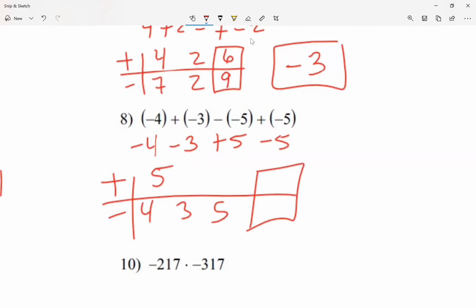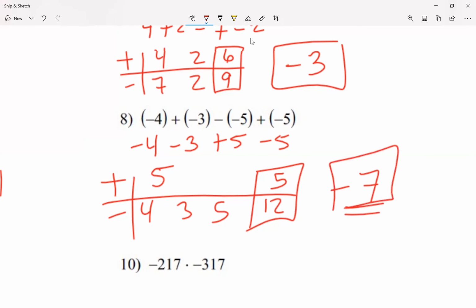Okay, so positives, there's only 5. Negatives, add all those. So 4 plus 3 plus 5, that gives me 12. So again, the negatives won because they score more points. By how much? So subtract that. 12 minus 5 is 7. So negative 7. Question is, who won by how much?